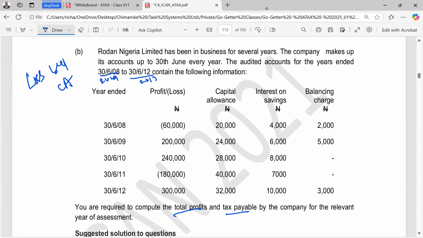So you bring your loss first and claim them before capital allowance can start enjoying. So let's take the first one. The business is Rodan Nigerian Limited. This is a company, and we know that this is going to be what? Carry forward loss. Rodan Nigerian Limited.